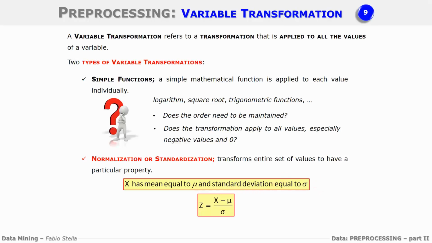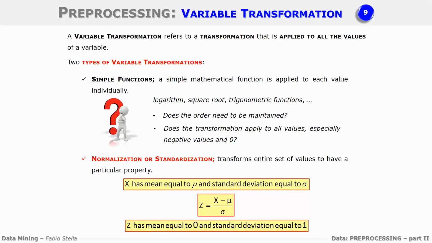In this case, a typical variable transformation, which is called standardization, computes the transformed variable as z equal to x minus mu divided by sigma. This is the so-called standardized variable. In this case, we know that z will be a variable with mean equal to 0 and standard deviation equal to 1.